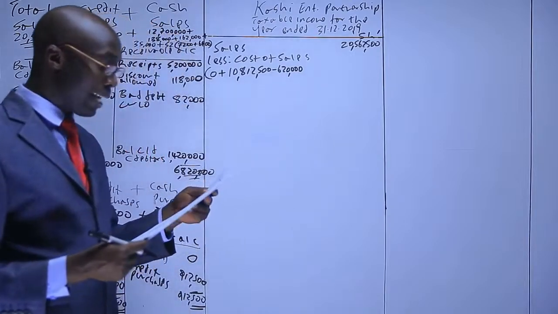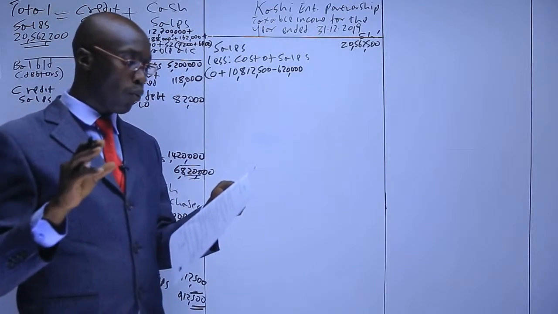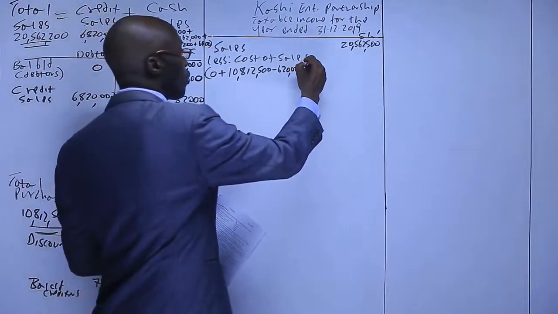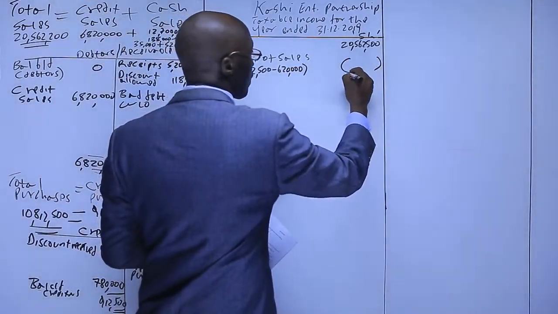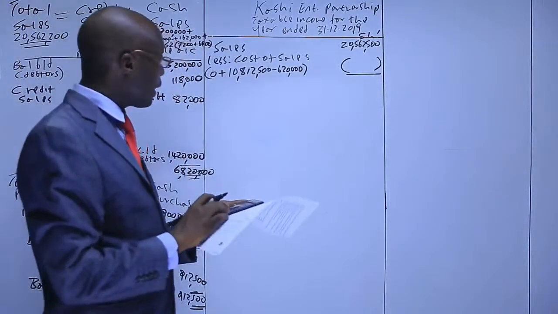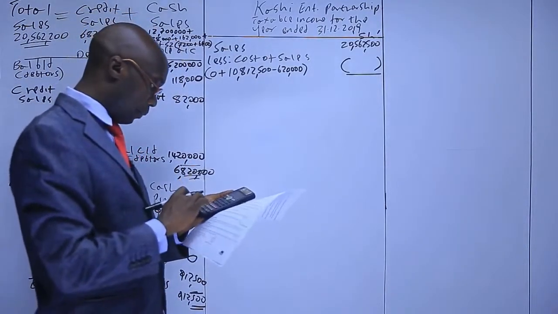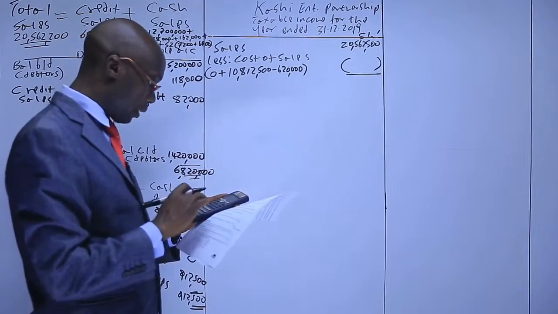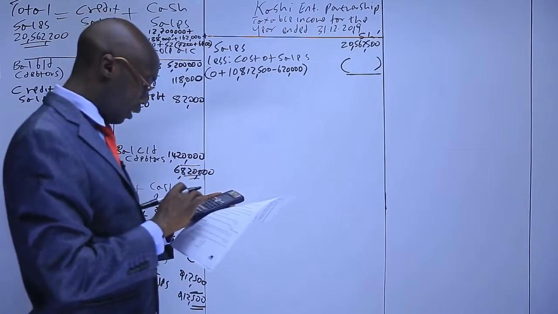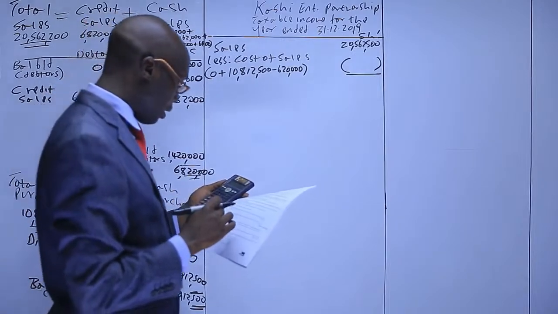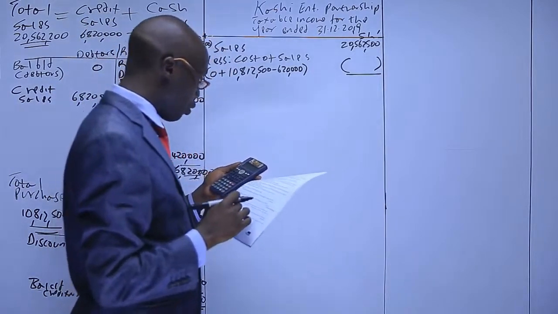The drawings that we are given in additional information, number 1, was cash drawings, not goods. So in this case, we cross to get the cost of sales, which will be the 10,812,500, you minus 620,000. And that gives us 10,192,500.